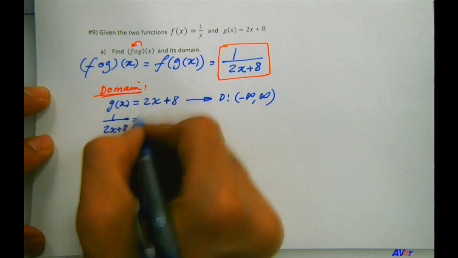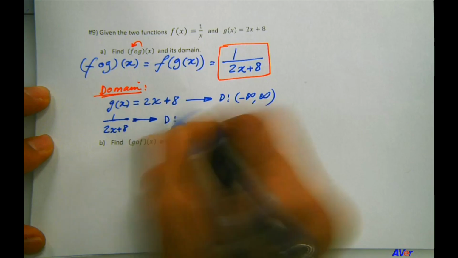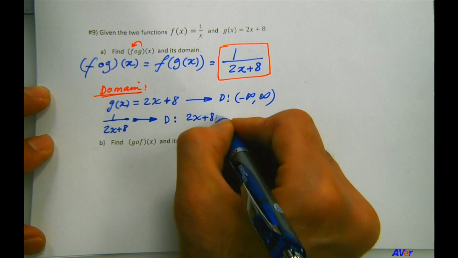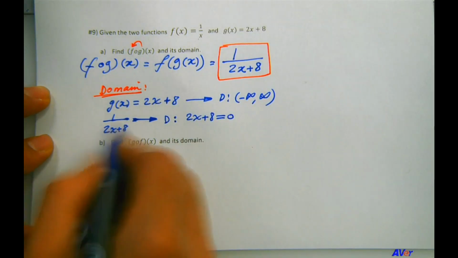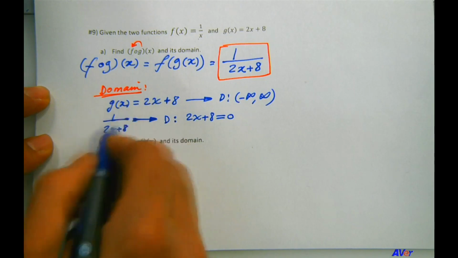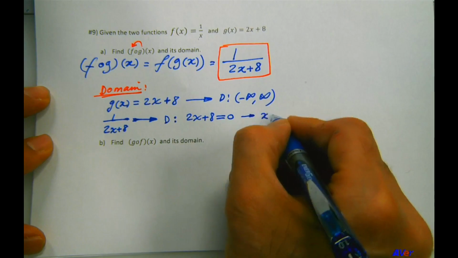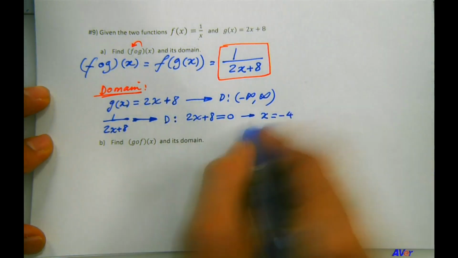So the domain of that is, 2x plus 8 cannot be 0, when it's 0 we have trouble, right? Because this whole fraction, this whole function, is undefined. So when x equals negative 4, we have trouble.